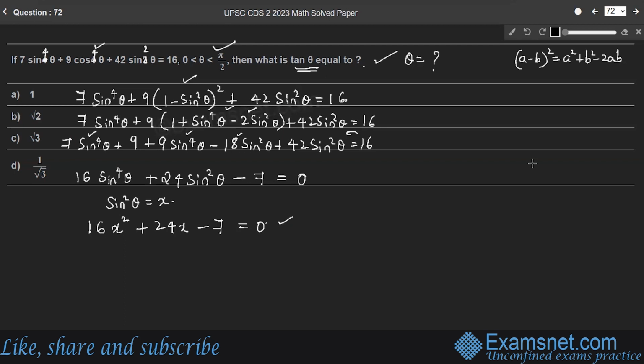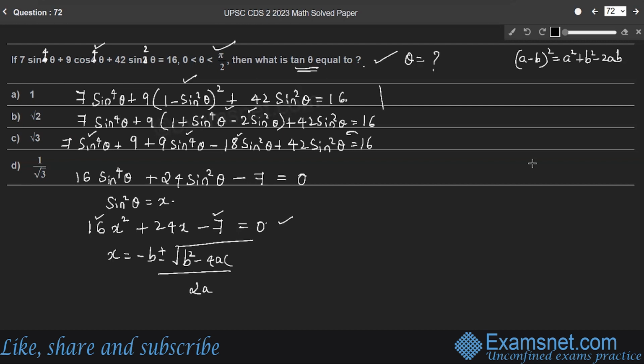16x square. So the product is 16 into minus 7, so 112, and the sum should be 24. So it is better to use the formula x is equal to minus b plus or minus root of b square minus 4ac by 2a.